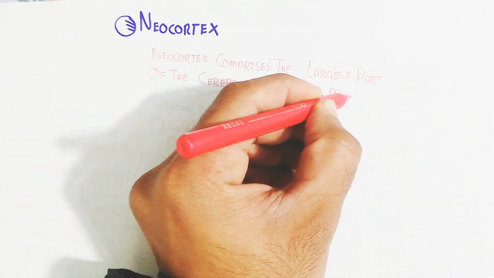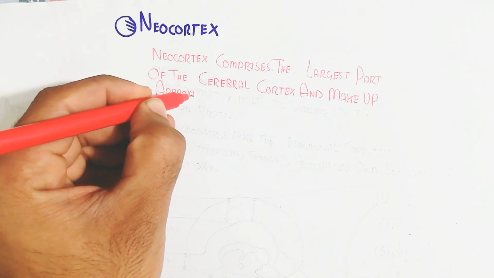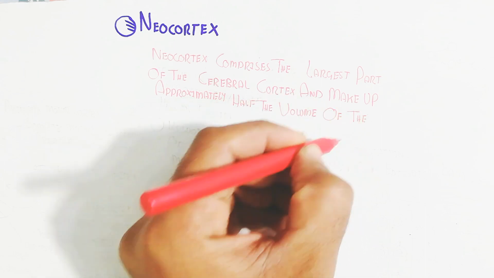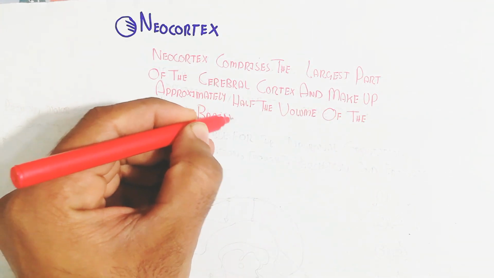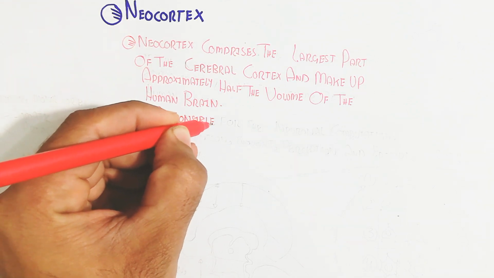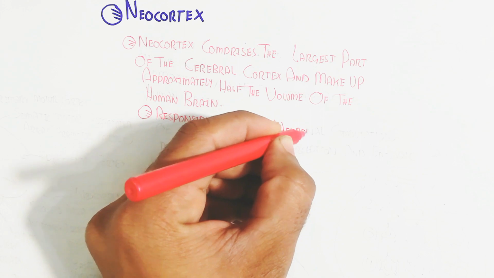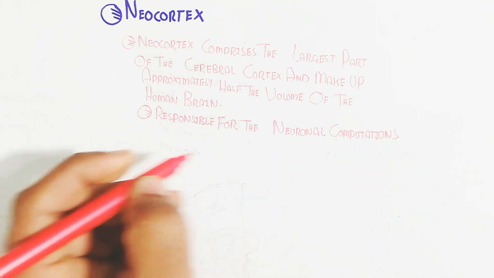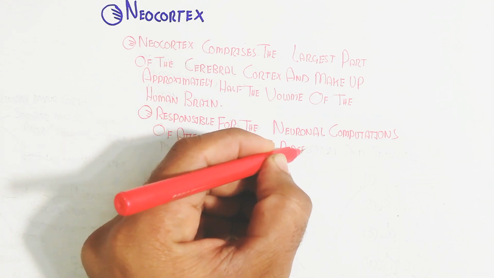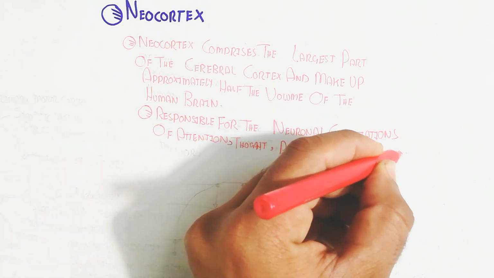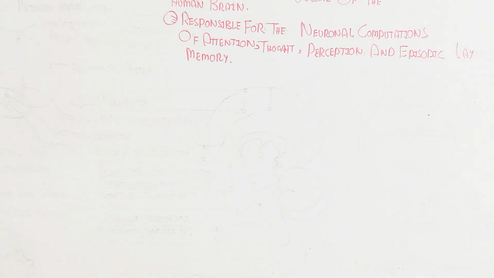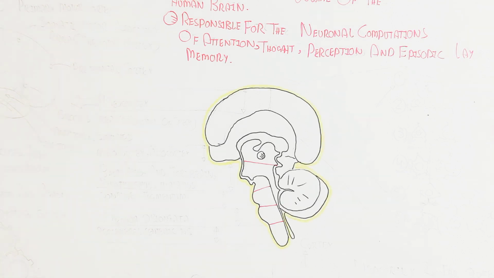Remember, the neocortex is responsible for the neuronal computations of attention, thoughts, perception, and episodic memory, and again using the same mechanism for movement of the muscle will improve the next time, for example in the gym, like exercise and smooth working again and again due to learning.